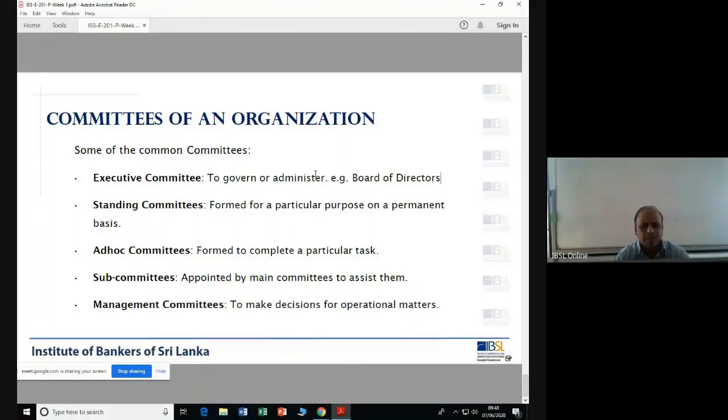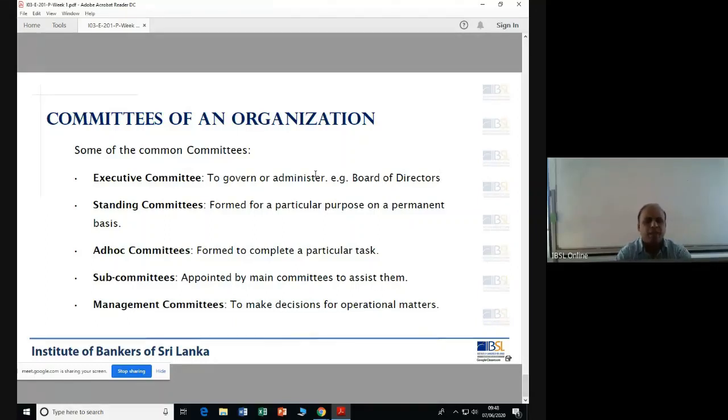There could be a standing committee which evaluates the performance, the procedures, and the controls on a permanent basis, say once every quarter or once every month. This standing committee is mostly made up of the management, either corporate and senior management, or the middle management.